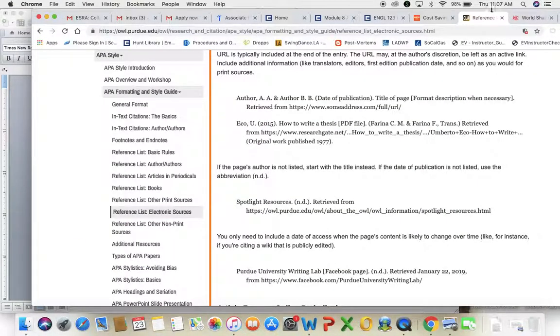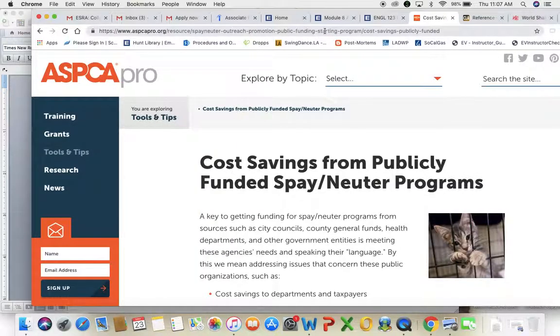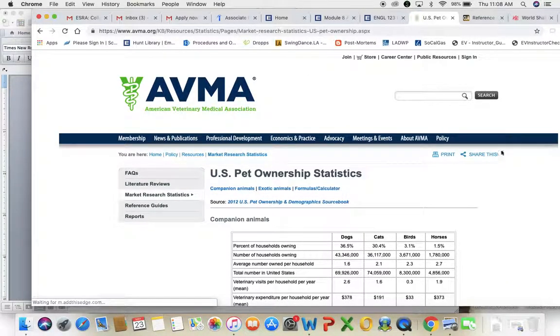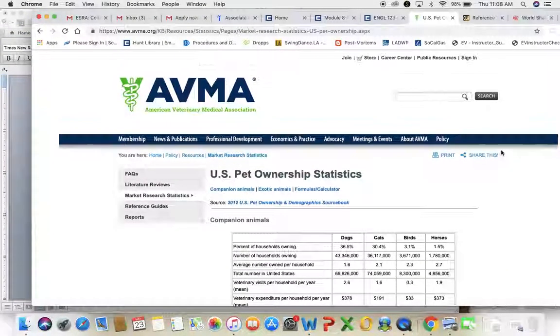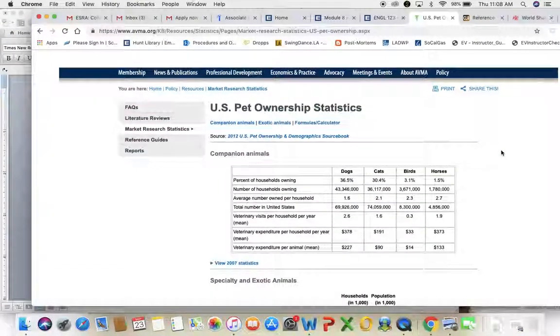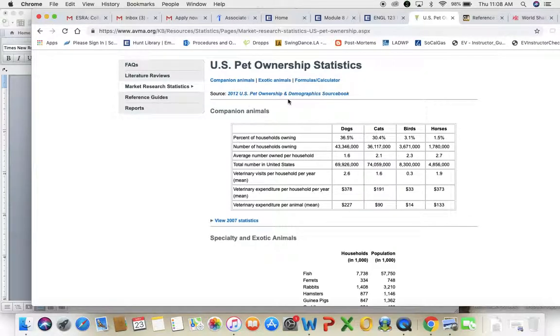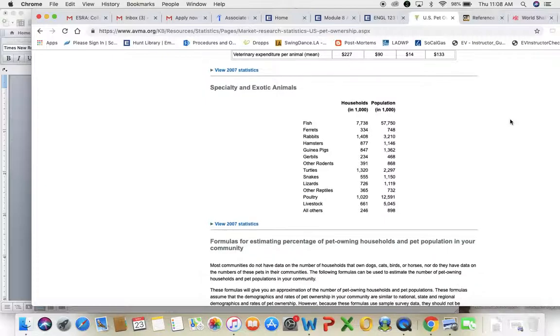So let me go ahead and open up this one. Okay, so this is from the American Veterinary Medical Association, and okay, yeah, this is their source, but we're not going to use their source because they're publishing it on their page.